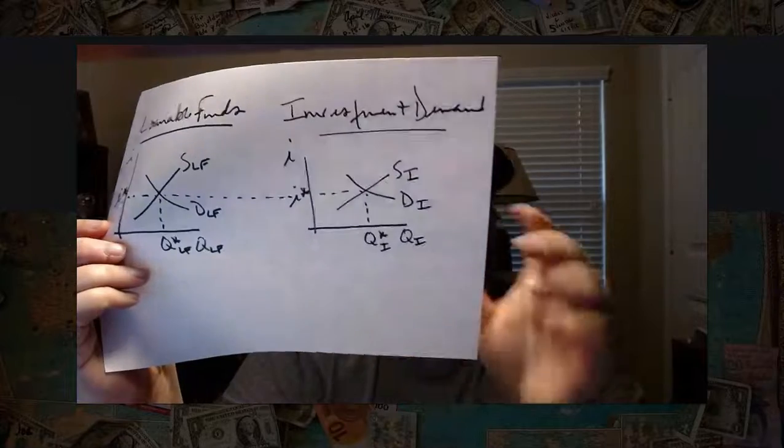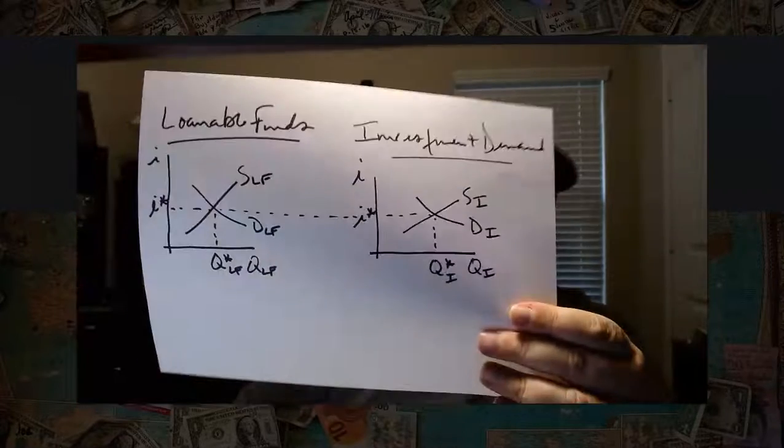And I think it's useful to help understand exactly how monetary policy works. And this is quantity of investment spending demanded, right? Supply of investment, demand for investment, quantity of investment. All right. There's my loanable funds model with investment demand.